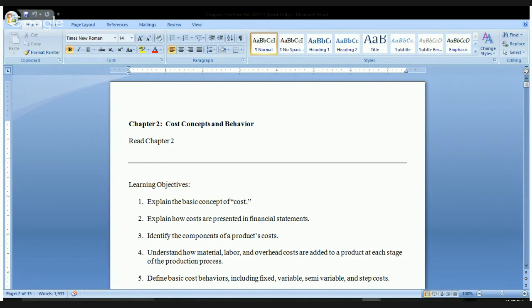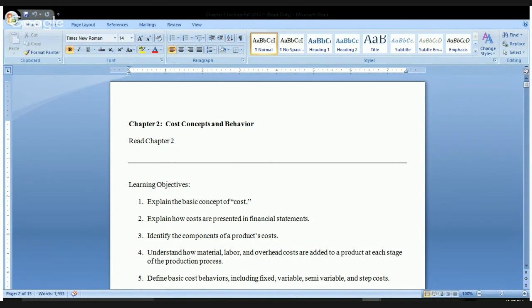Utilities of administrative offices. Now, the key there is administrative offices. If it said production facility, then it would be a product cost. Because it says administrative offices, we immediately know that it is a period cost. Now, with labor of sofa assemblers, this is someone working on the product itself, so we know immediately that is a product cost.